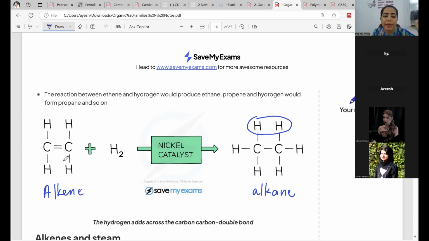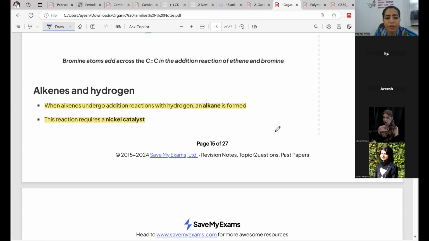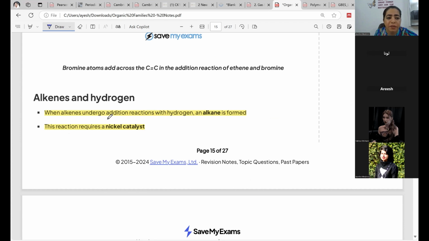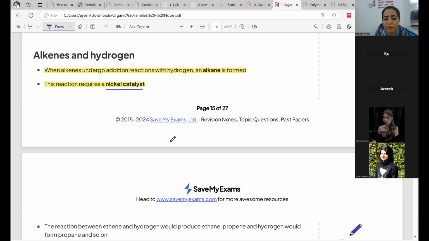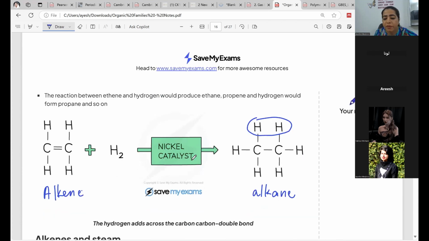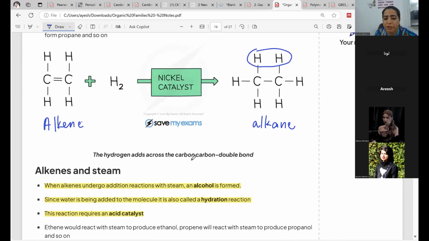If we have ethene, it will make ethane at the end. If we have propene, it will make propane. Pentene will make pentane. So whatever alkene we have at the start, it is going to add hydrogen and give us the same carbon number alkane at the end. This reaction is known as addition of hydrogen, and it needs a nickel catalyst to proceed.